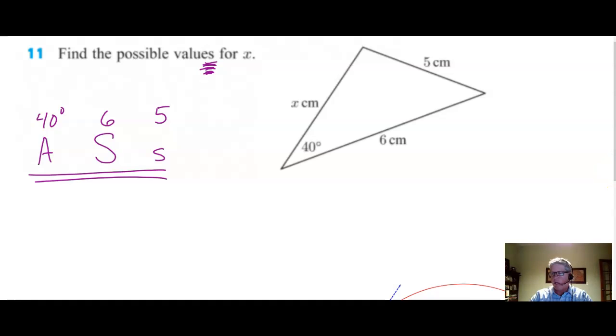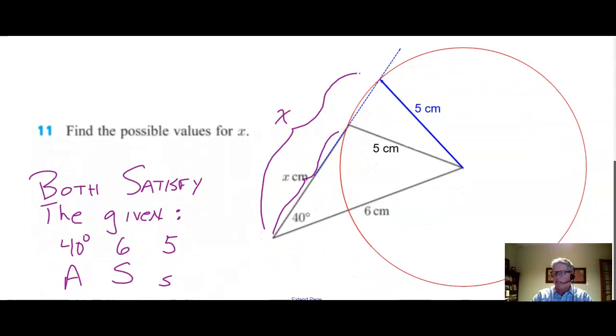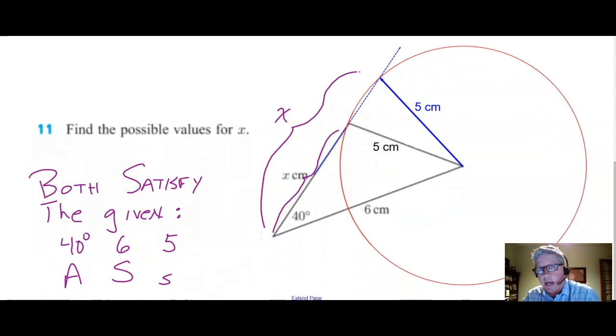I have gone ahead and drawn this to maybe satisfy a little bit. Here's the original triangle. If we extend this side, because we don't know exactly how long it is and it goes on forever, if we do a circle with radius 5 and swing, think about swinging this side, and then it hits right here.